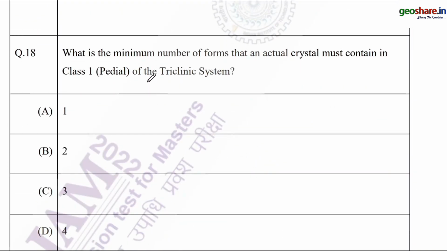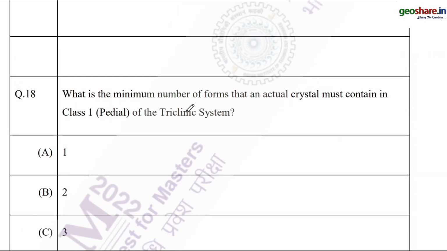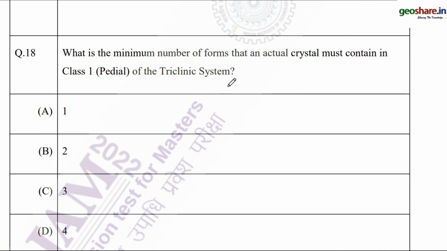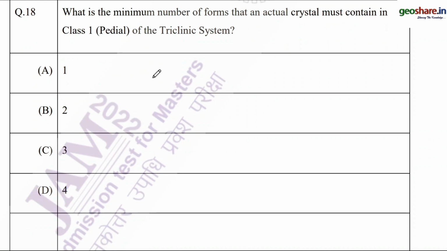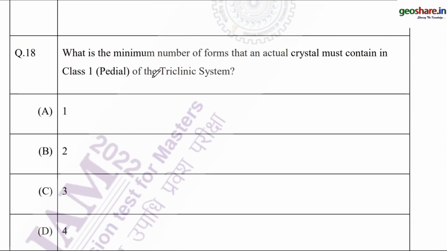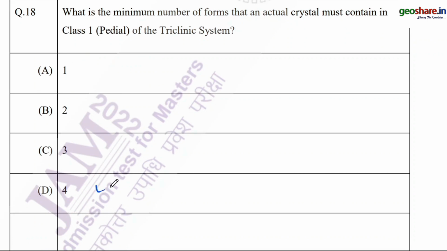What is the minimum number of forms that an actual crystal must contain in class 1-bar of the triclinic system? 4.